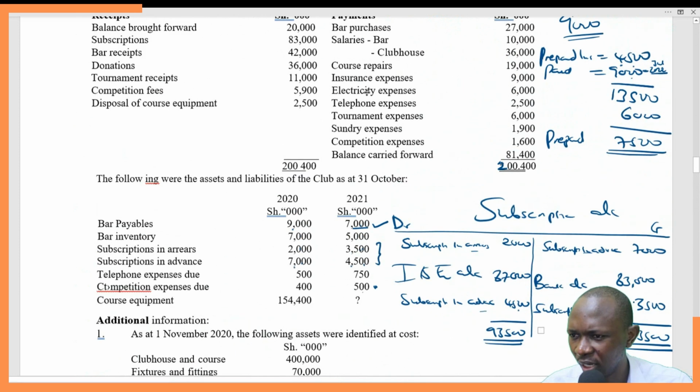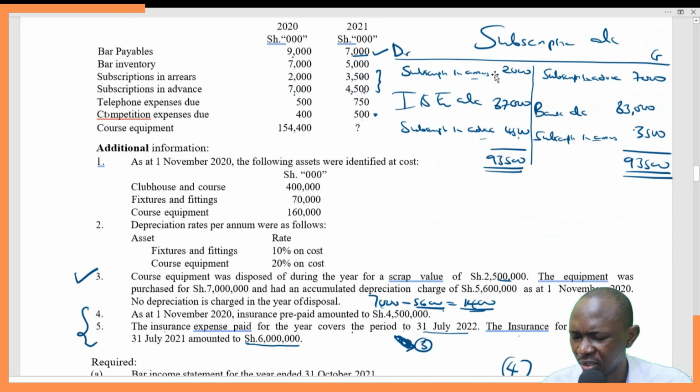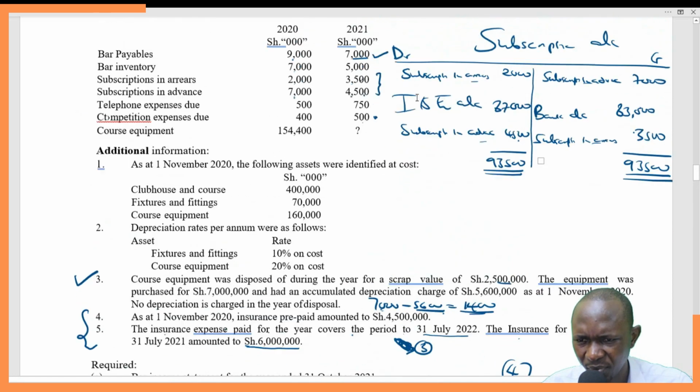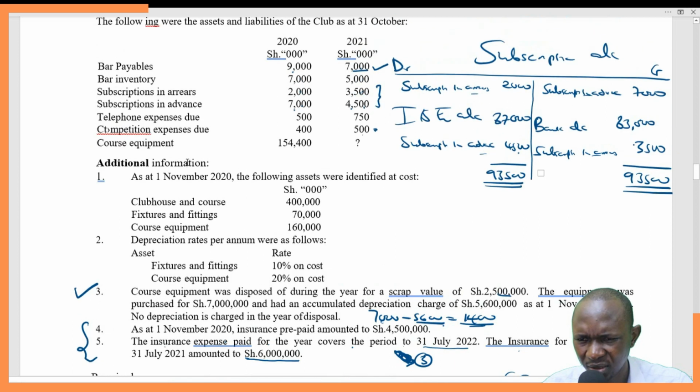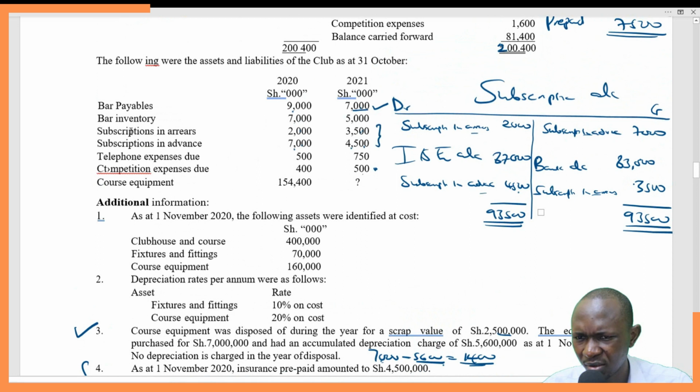We go to electricity expenses. This is insurance, 6 million. Electricity, 6,000. There was something on electricity. I thought I saw something on electricity. Nothing on electricity here.